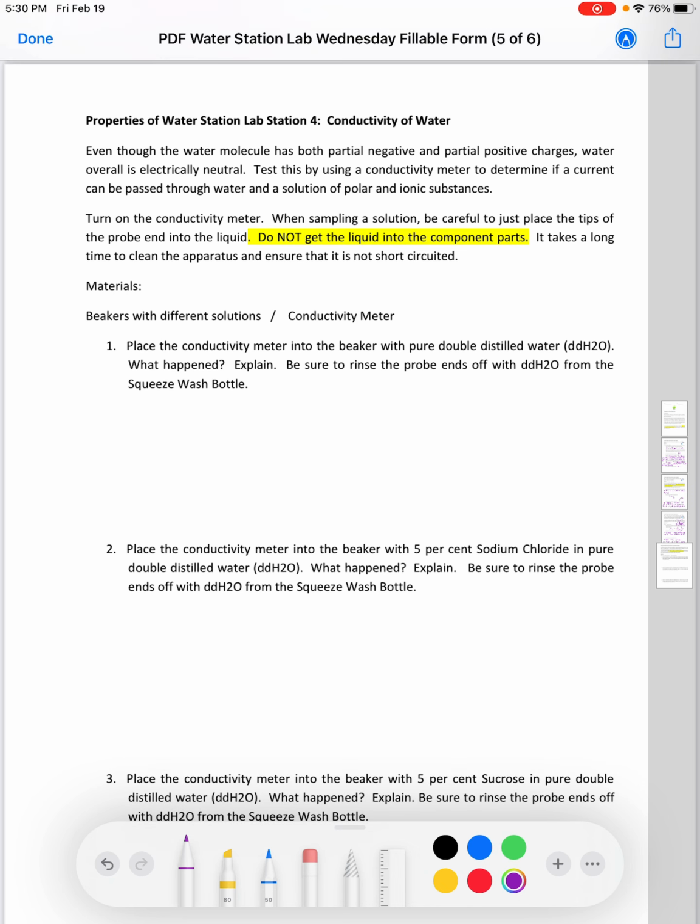So the conductivity meter, when we put it into pure water, nothing happened. It did not light up. A current was not carried in water. And it says explain.